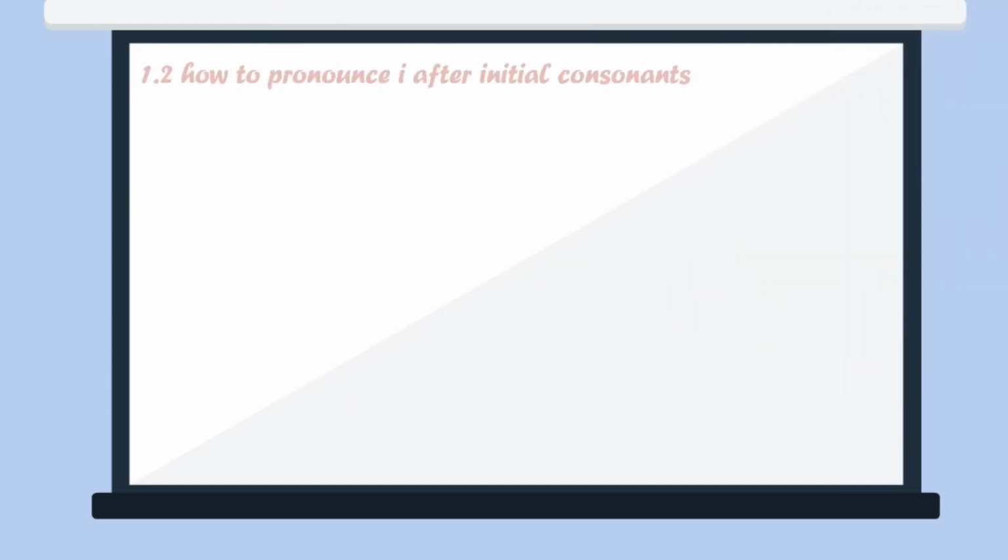In Standard Chinese, the vowel E after these 7 initial consonants cannot be pronounced in an isolated manner. They should be read as follows: s, c, z, sh, ch, zh, r.